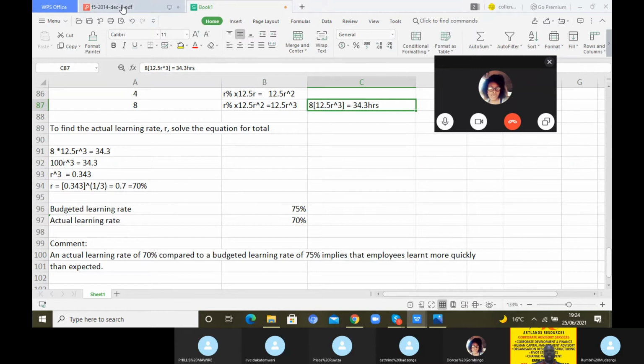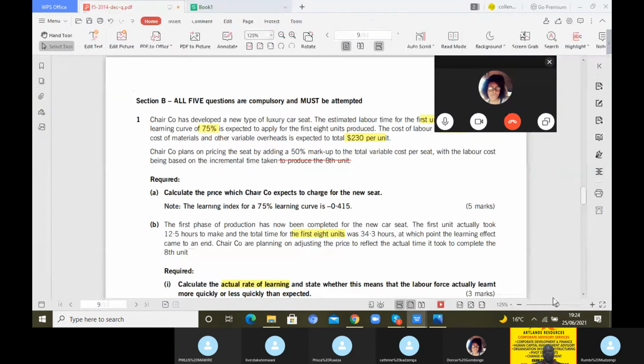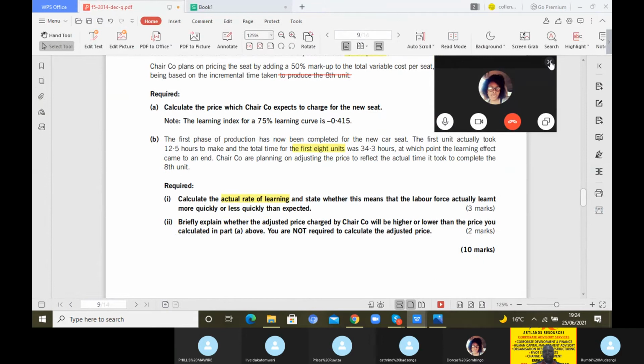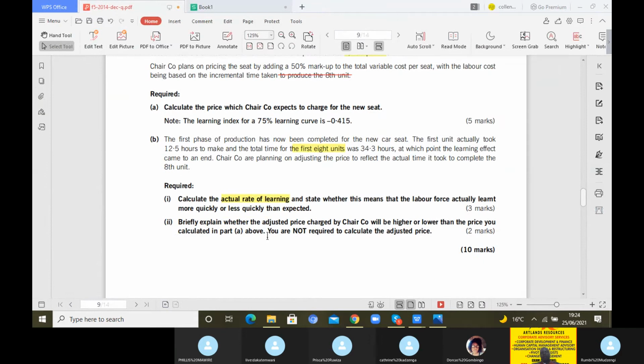Now the question, part B, says: briefly explain whether the adjusted price charged by the chair company would be higher or lower than the price you have calculated in A. You are not required to recalculate things.